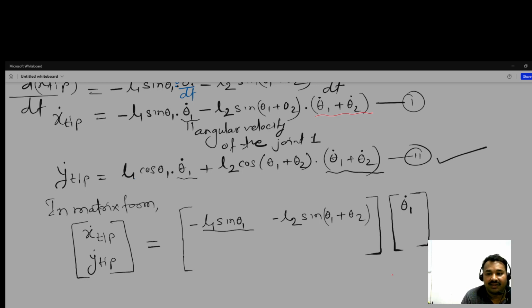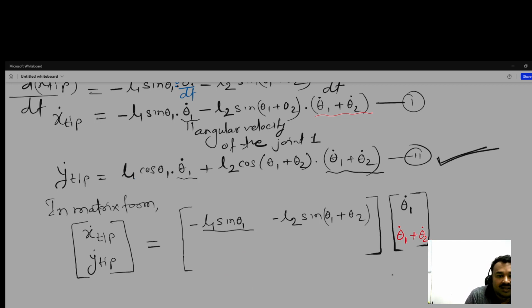So that's why theta 1 plus theta 2 with dot here, and coming back to equation number 2. So this is for equation number 1, and equation number 2 we're talking about this.